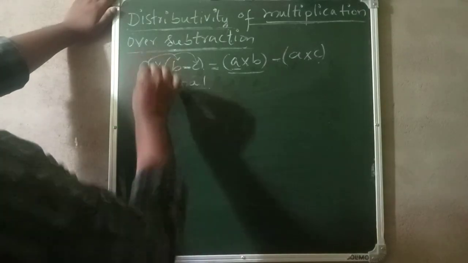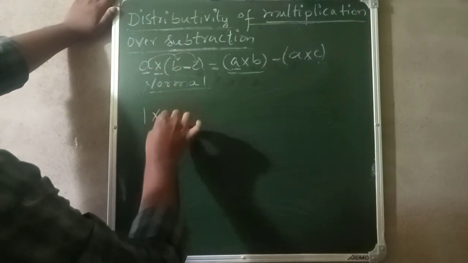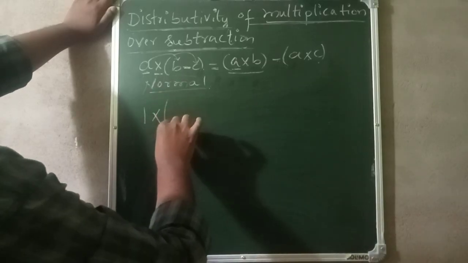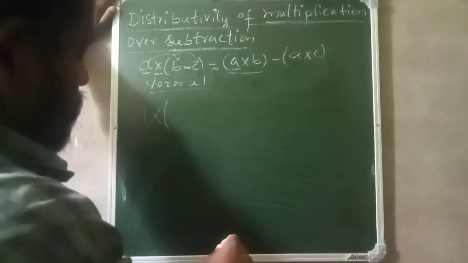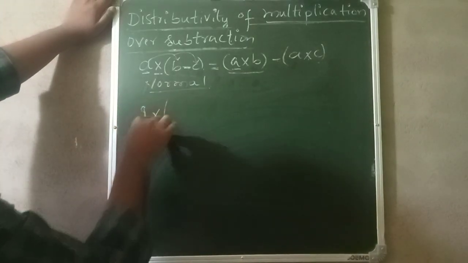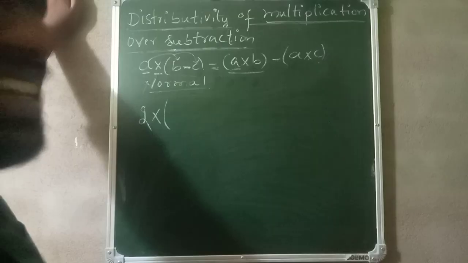Next, simple numbers I will take like 1 into, no, I will take 2. 1 is very simple, so we will take 2.